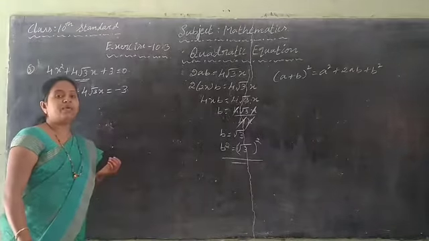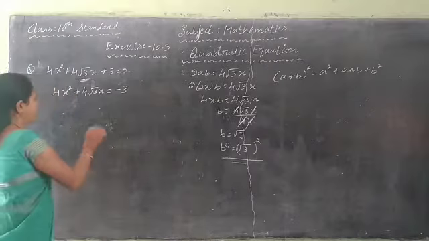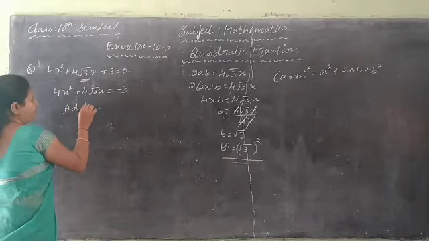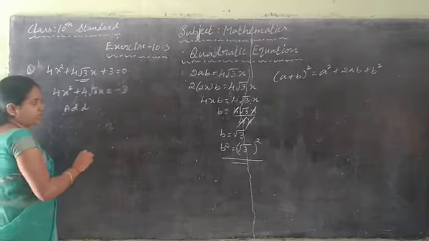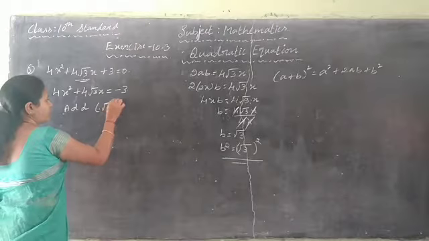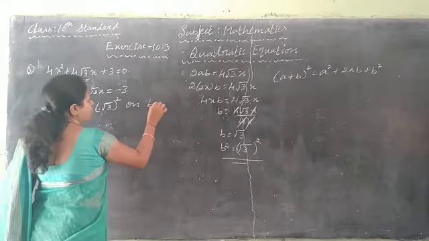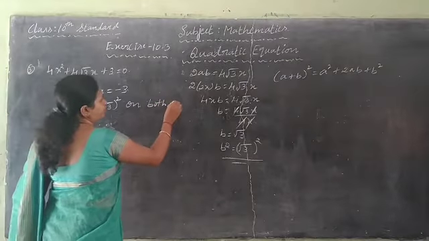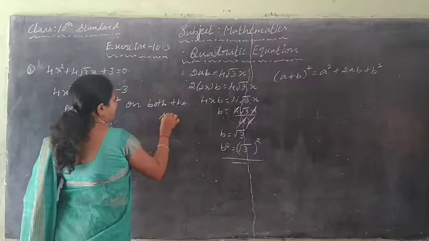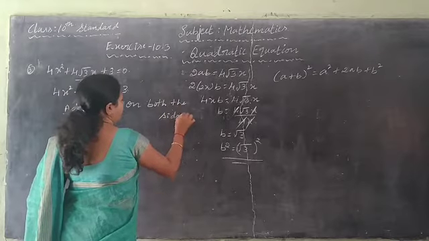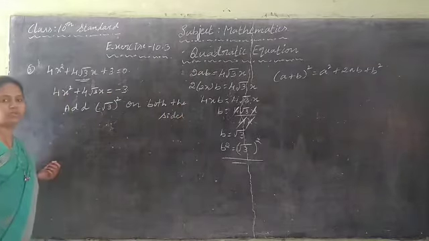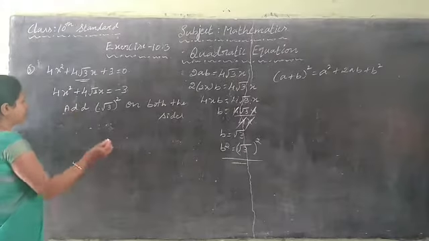Now we have to add b square on both the sides, children. Add b square. What is the value of b square, children? Root 3 whole square. Add root 3 whole square on both the sides. Got it? Next.